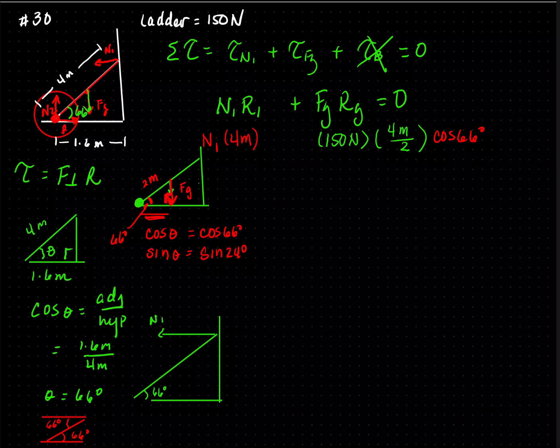If the angle down here is 66 degrees, because this is parallel to this, interior alternating angles are the same. So this also has to be 66 degrees.